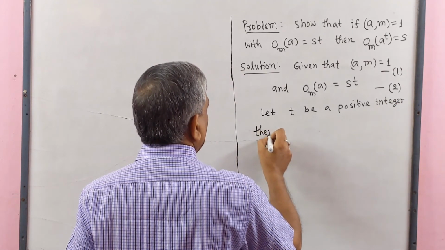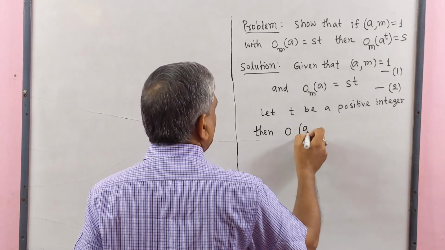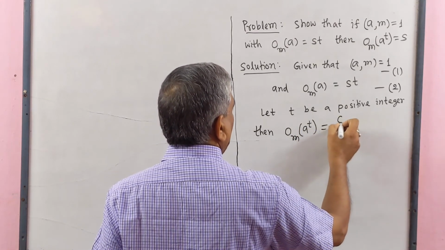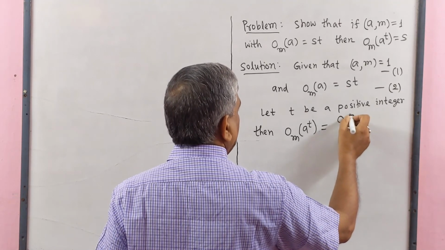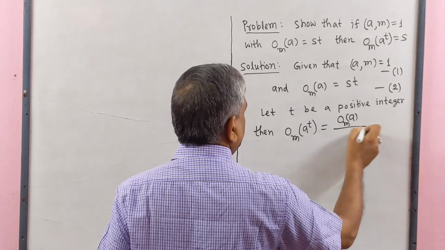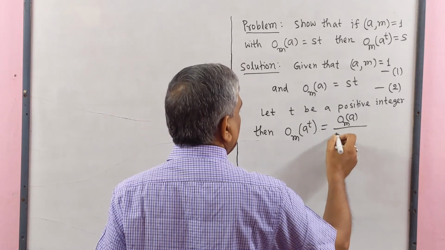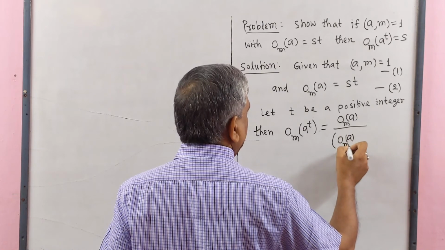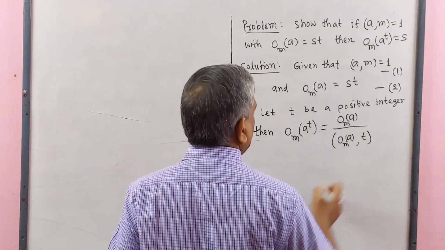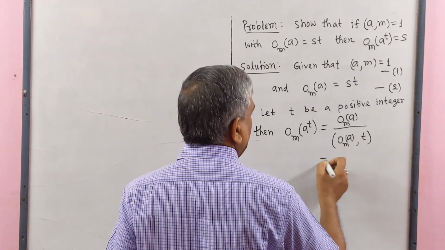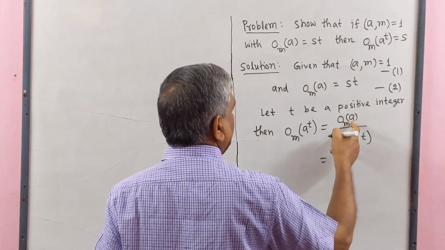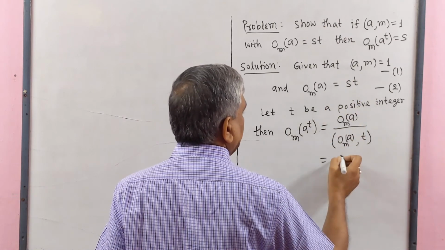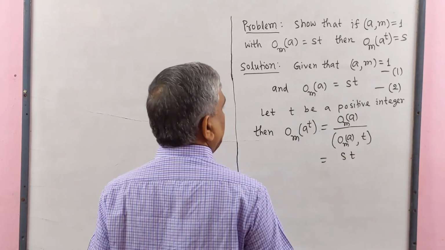Then order of a to the power t modulo m equal to order of a modulo m by GCD of order of a modulo m and t, and this equal to st using 2.